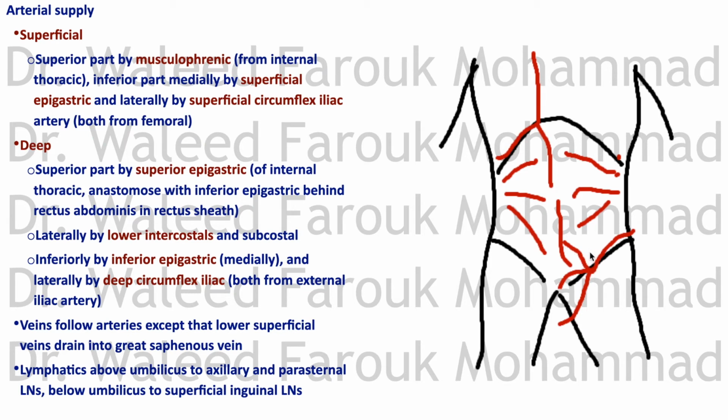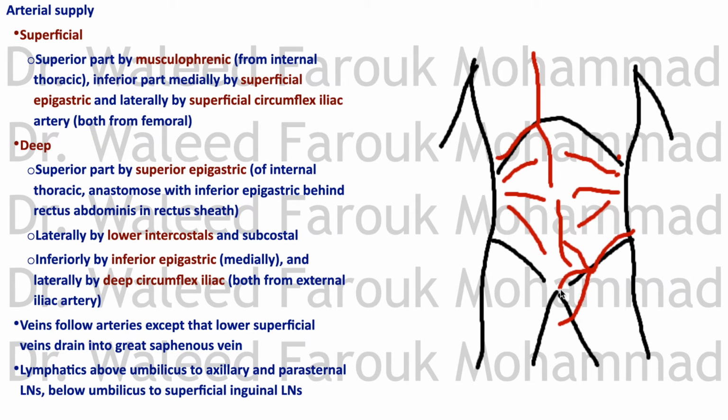Now the external iliac artery, after it crosses from underneath the inguinal ligament, becomes the femoral artery. The femoral artery, once it begins in the thigh, gives off superficial branches like the superficial epigastric, the superficial circumflex iliac, the superficial and deep external pudendal.